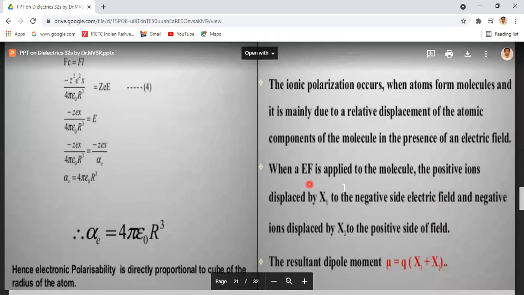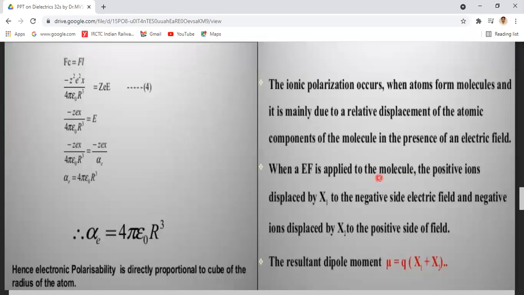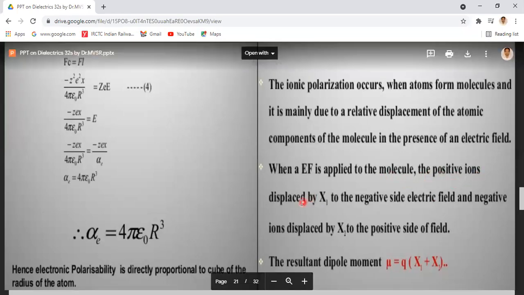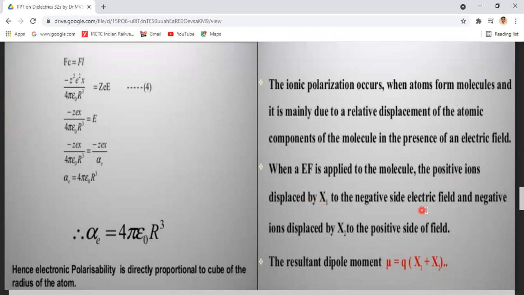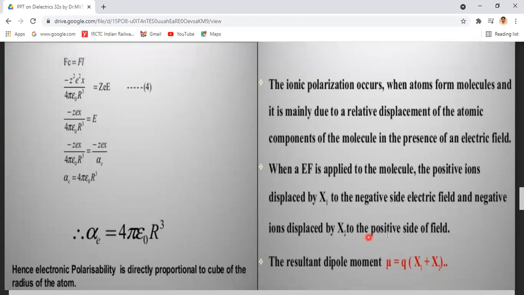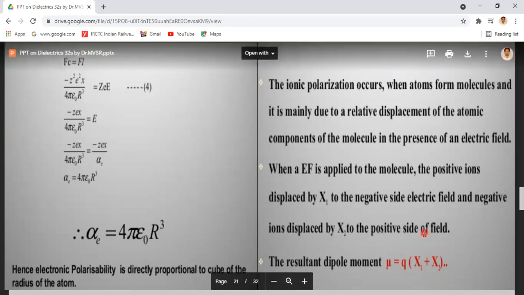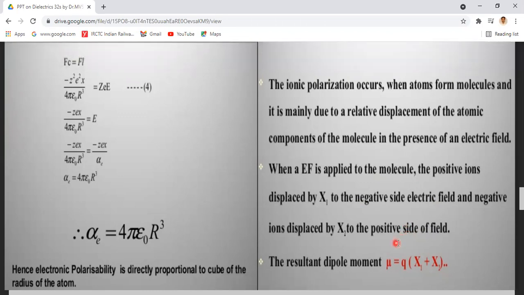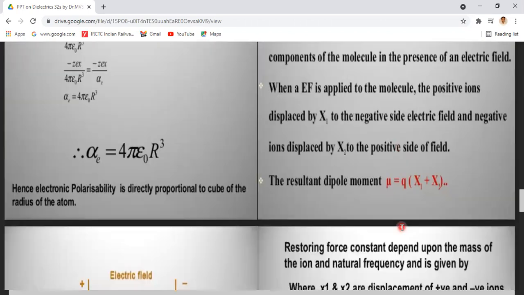When an electric field is applied to a molecule like HCl, the positive ions are displaced by distance x1 to the negative side of the electric field, and the negative ions are displaced by distance x2 to the positive side of the field. That means the HCl molecule, whenever it is placed in an external electric field, becomes a dipole. H plus and Cl minus are separated by some distance.